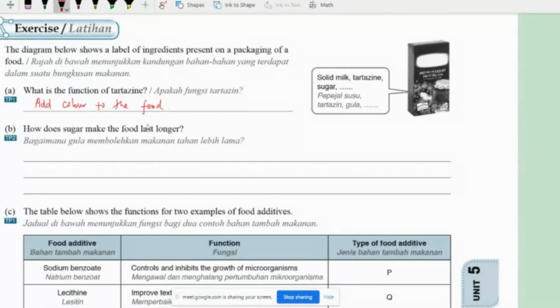Now B. How does the sugar make the food last longer? This question, okay. Clement, what is your answer?